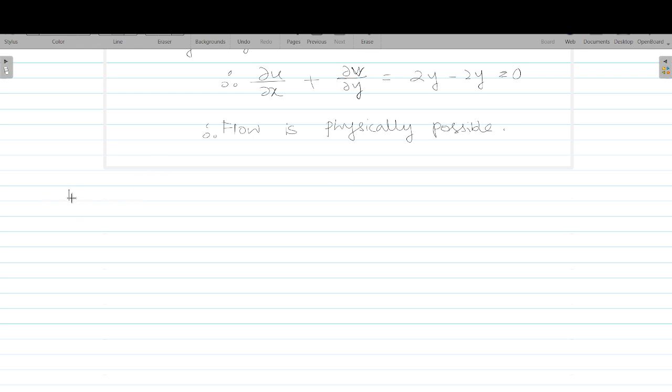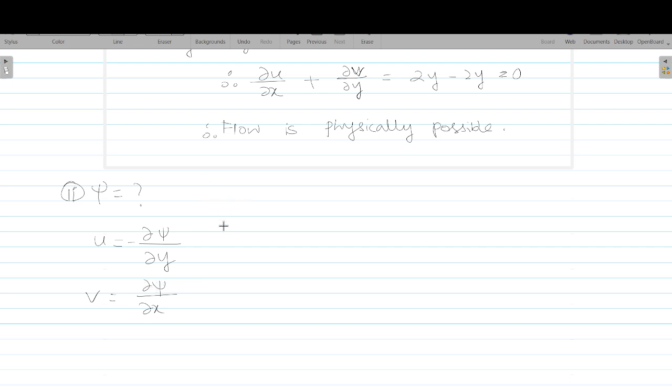We already know we need to figure out what the function of psi is. For that we know that u is equal to negative d psi dy, and v is equal to d psi dx. These are the set of equations you can use.